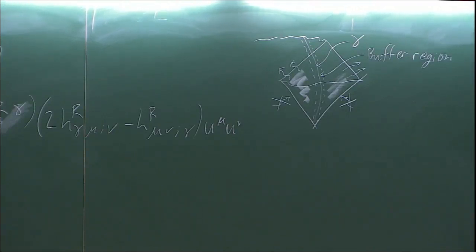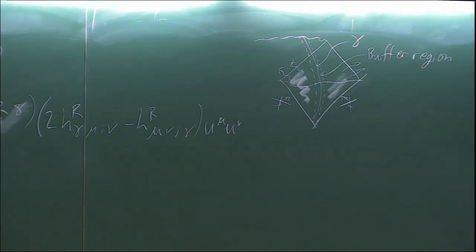Okay, so here I want to enforce that the local solution in the buffer region looks like what comes out of matched asymptotic expansions. But I'm now going to do the same thing I described at the end of the last lecture and just analytically extend this local solution all the way down to the world line.